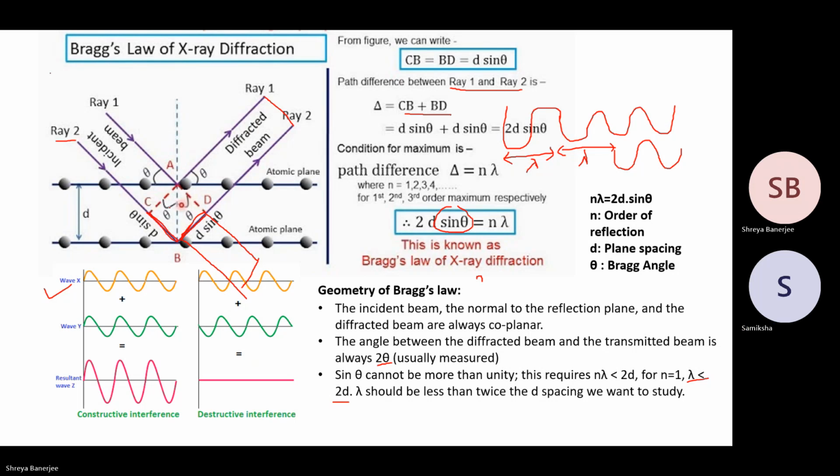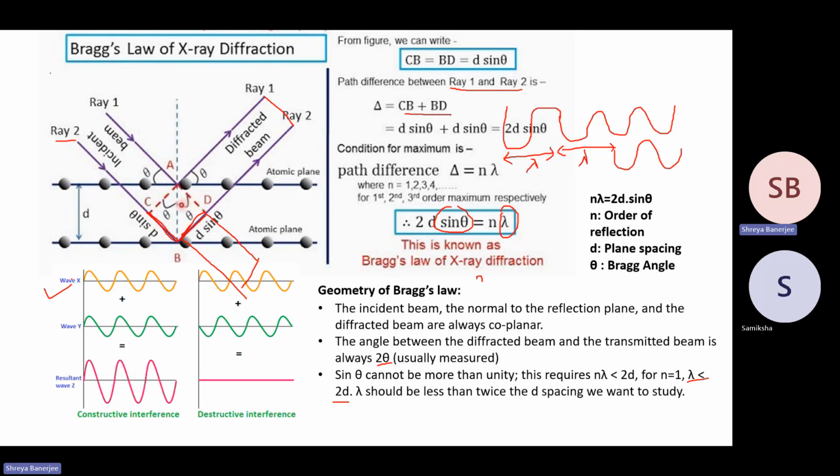Okay, ma'am. So what is this used for measuring that? Normally, what lambda we should use changes depending on what crystal we are studying.